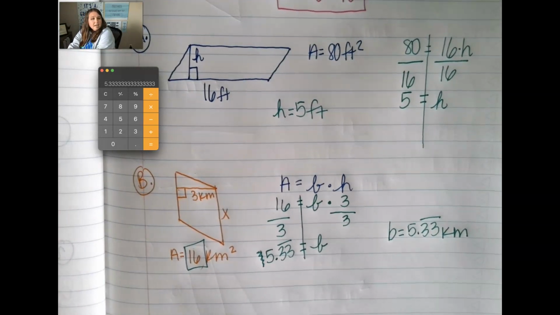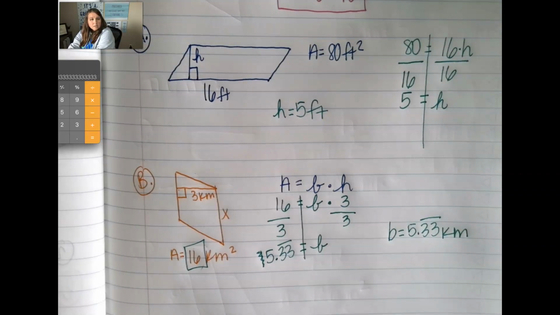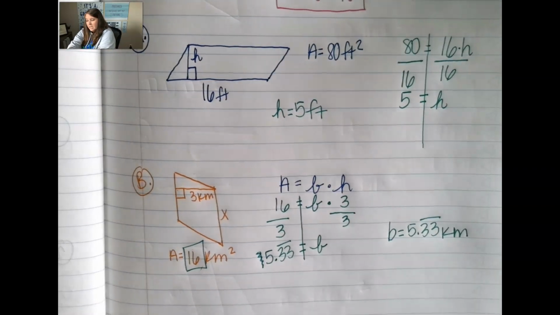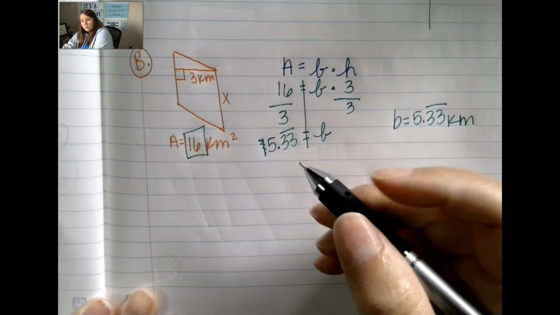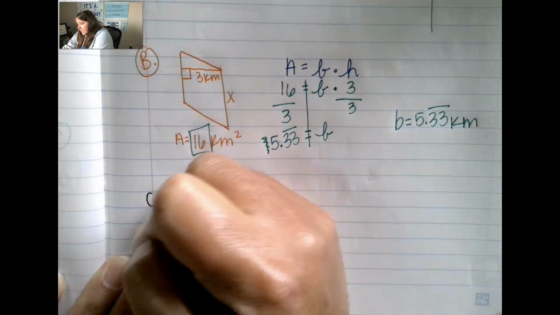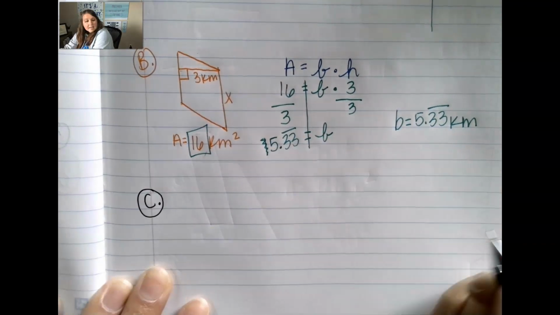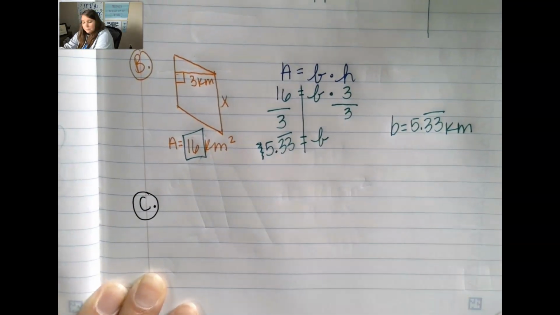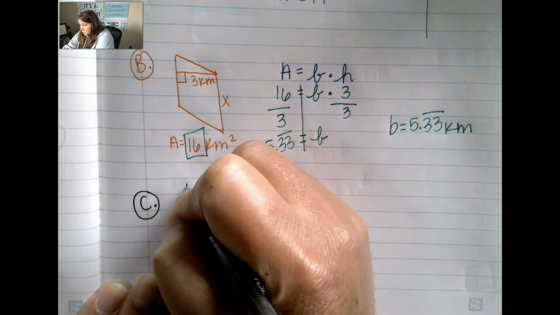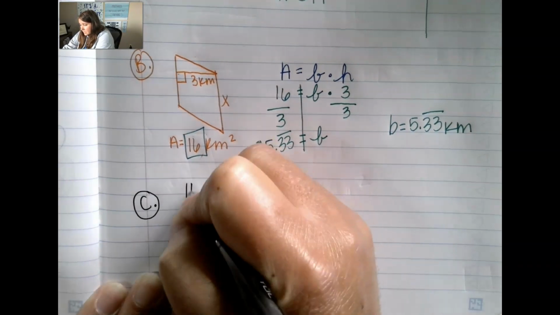Okay, let's go ahead and try to do one more. This one's a real life situation. On example C, they have a real life situation, and they have a street going this way.